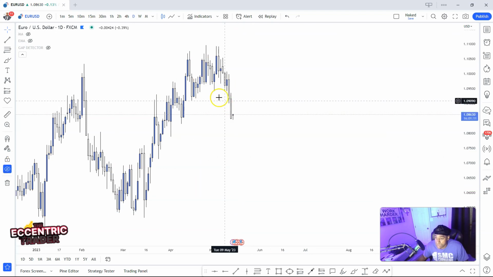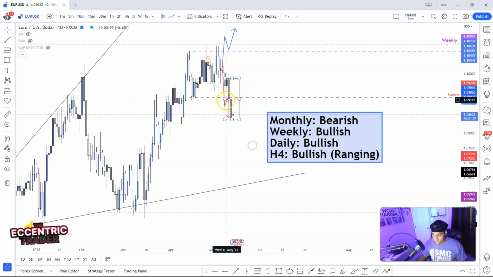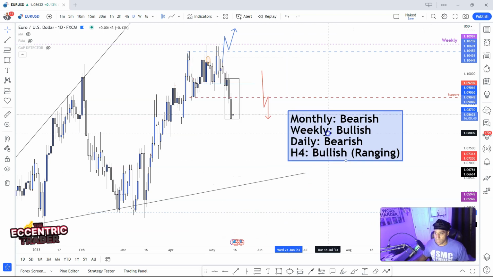So 1, 2. If I draw, you can't see my finger, but you see this? I'm gonna take this out. 1, 2. That's all you need to know. So bearish. Daily structure, bearish, right?